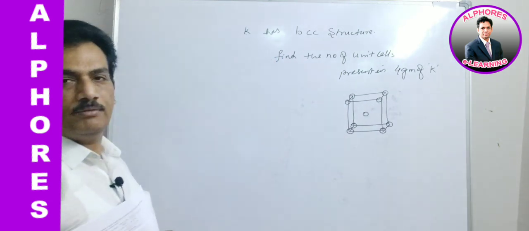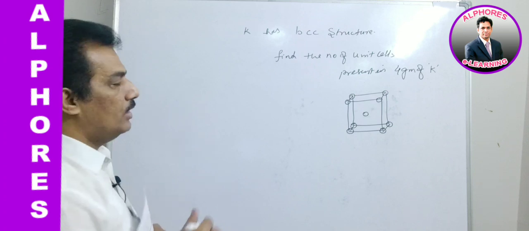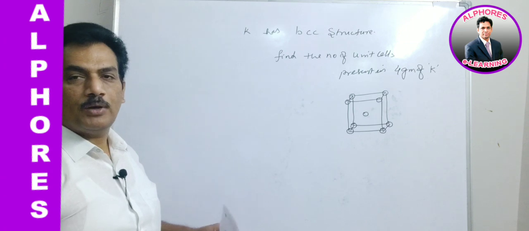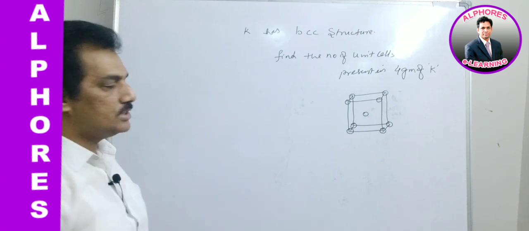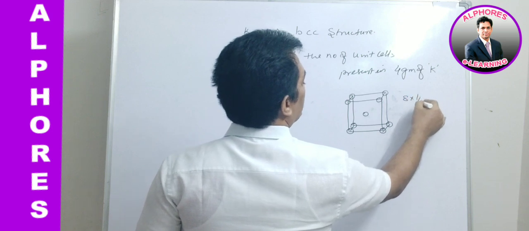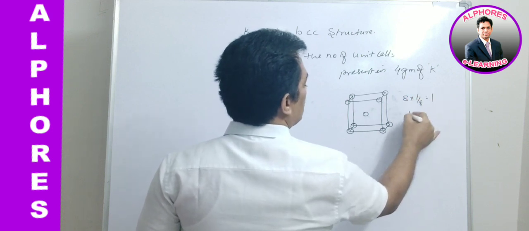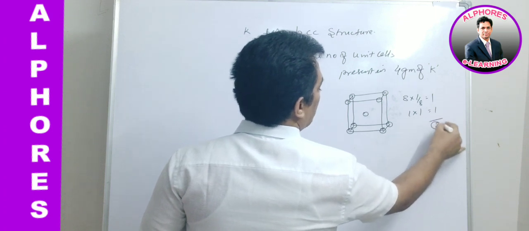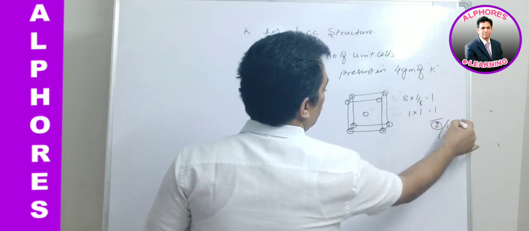This is the condition for BCC. When the atoms are present like that, the total atoms per unit cell from all the contributions is measured as: corners, 8 into 1 by 8 is 1; body center, 1 into 1, that is 1. So it is 2 atoms per unit cell.